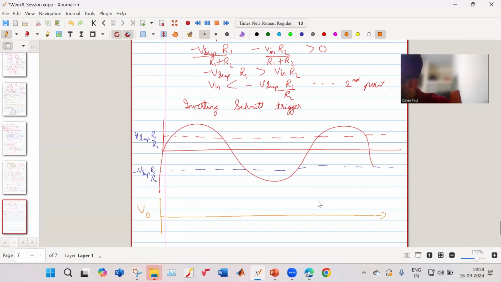This is your V output. So when your V input becomes greater than V supply into R1 by R2, your output will become negative.